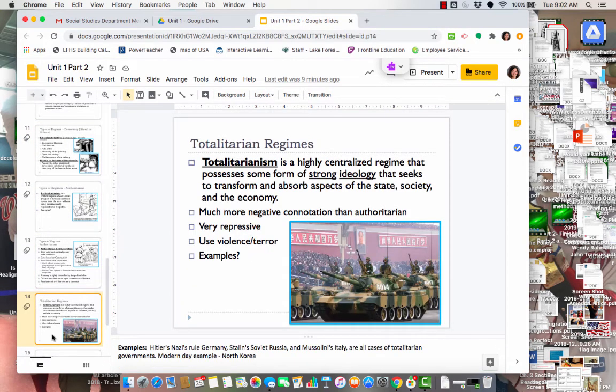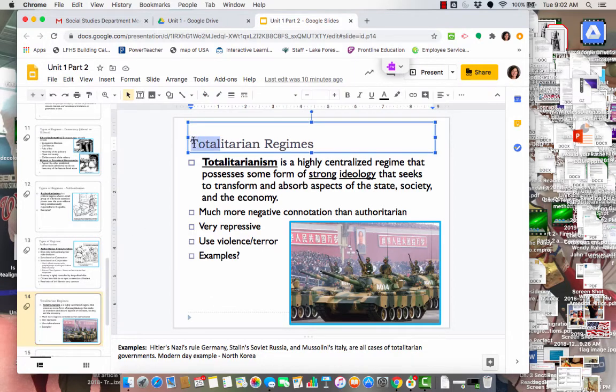Okay, so you're probably wondering how an authoritarian regime is different from a totalitarian regime. Well, totalitarian is like the next step up in control from an authoritarian regime. Totalitarian has the word total, right? So in a totalitarian regime, you have total control. That means it's extremely possessive or repressive. They try to control not only what you do, but how you act, what you wear, all that different stuff.